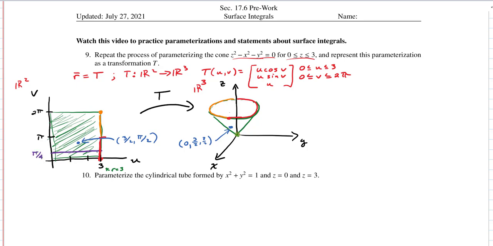So this line becomes this line sitting here. This is the point pi over 4 comma 0, that's this point down here. And here would be the point pi over 4 comma 3. That's this point right here. And all of the other points in between get mapped along that line between them.